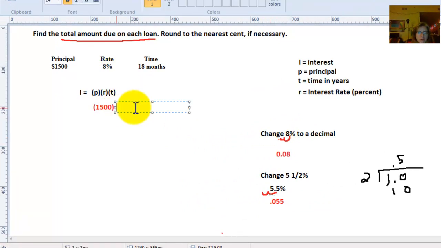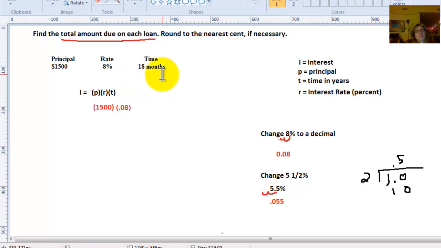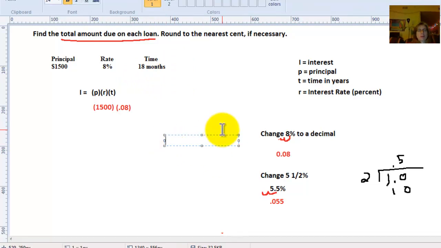So now we are going to take that 0.08 and we're going to multiply it by time. Well, time is in months. Anytime you have time in months, you have to divide by 12 months. So 18 months divided, let's spell it out, divided by 12 months.